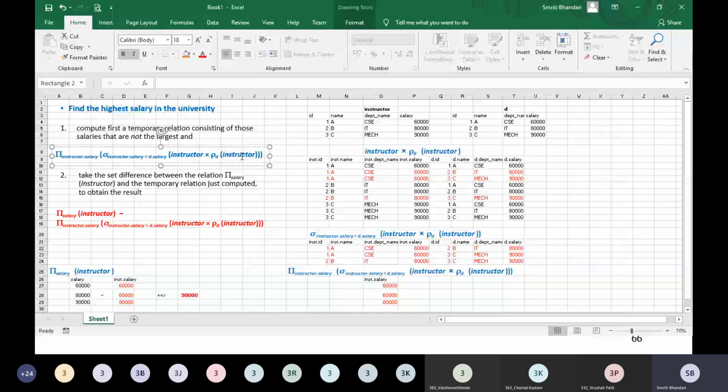So here the same relation is being used twice, and that is why one instance of the instructor relation needs to be renamed. Then only we can use that. Okay.